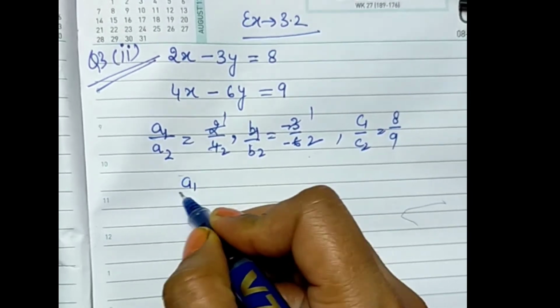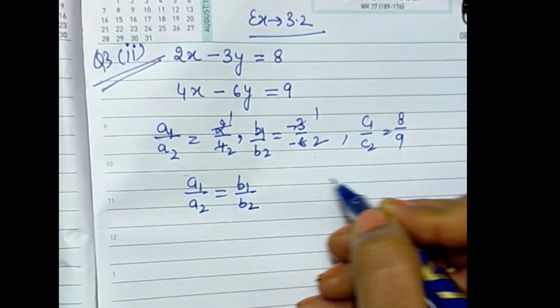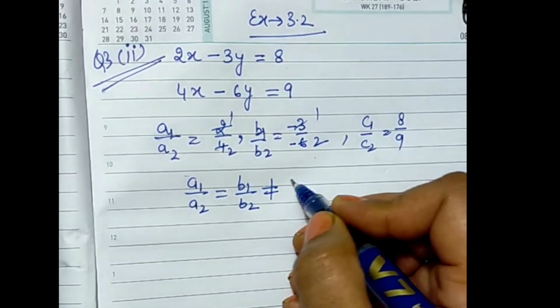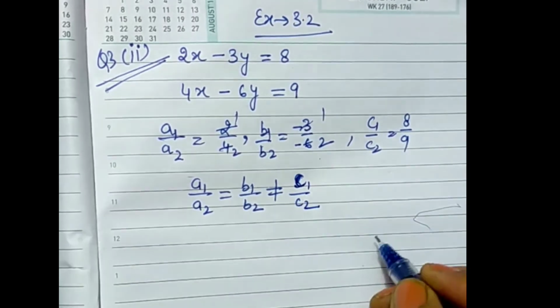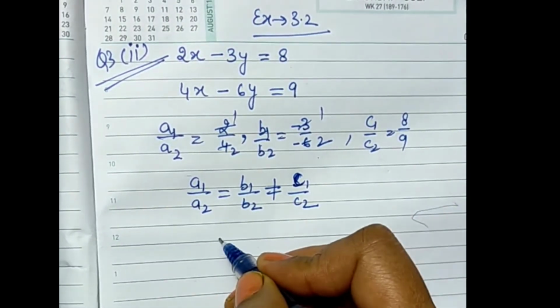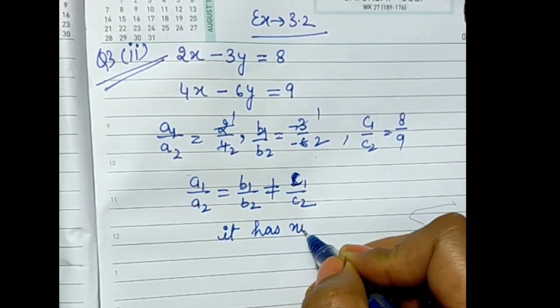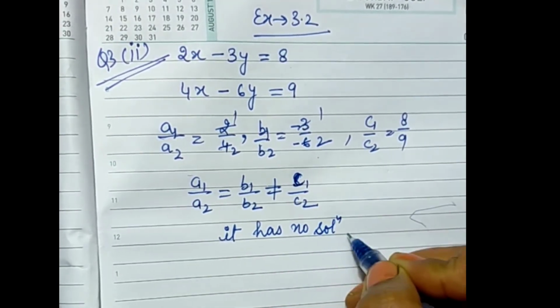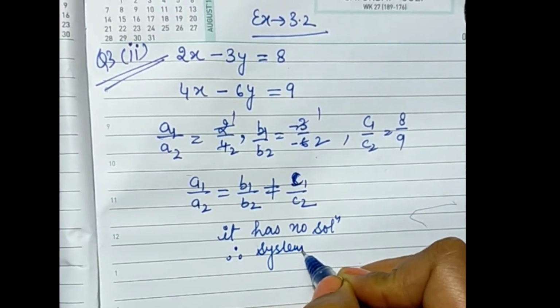That means two of the ratios are equal as they are 1 by 2. But the third ratio is 8 by 9, so c1 over c2 is not equal. So that means it has no solution, and if it has no solution, that means the system is inconsistent.